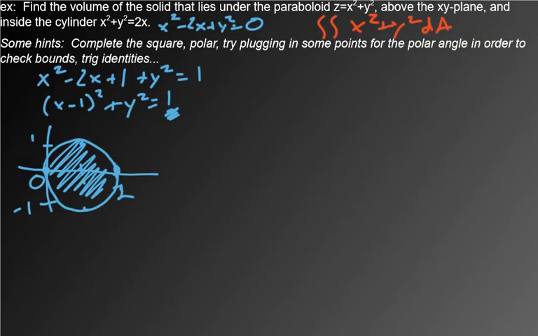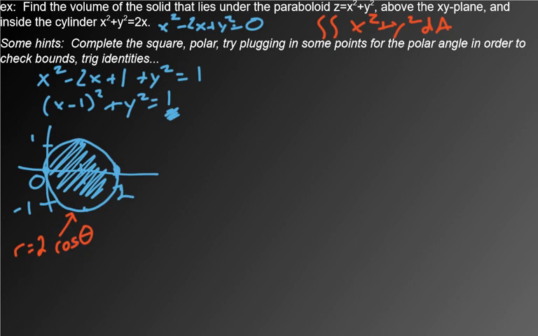So this graph in polar is r equals 2 cos theta. You can see it too if you plug in x equals r cos theta and y equals r sine theta and simplify.